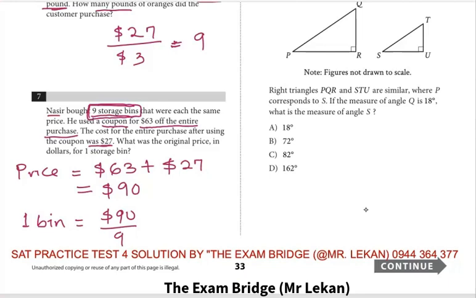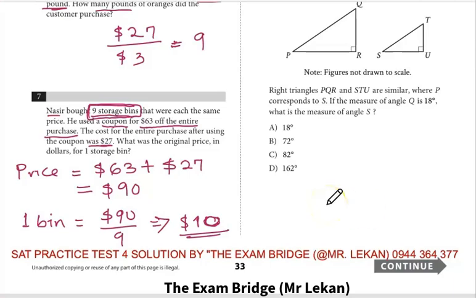That is 90 divided by 9. So that means the original price will be $10. That's the original price. So instead of spending $90, he spent just $27 and he was able to save $63 because of the coupon.